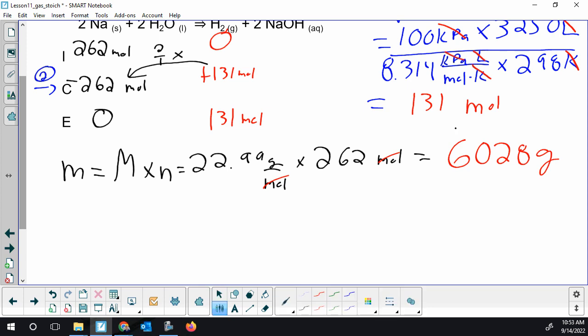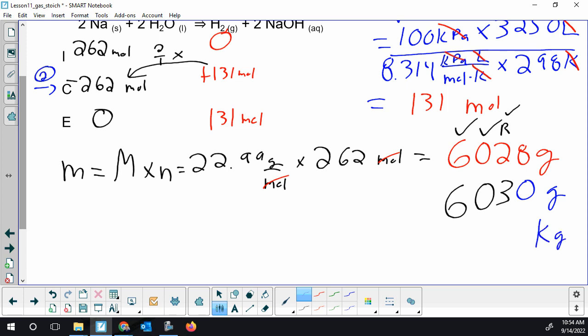So I'm going to keep the 6, keep the 0, and then I'm going to round that as my third significant figure. So 6,000, and the 2 I'm going to round up because there's a digit greater than 5 after it. So I'm going to round the 2 up to a 3, and then I need a placeholder 0, a non-significant digit to keep everything in the right place. So 6,030 grams.